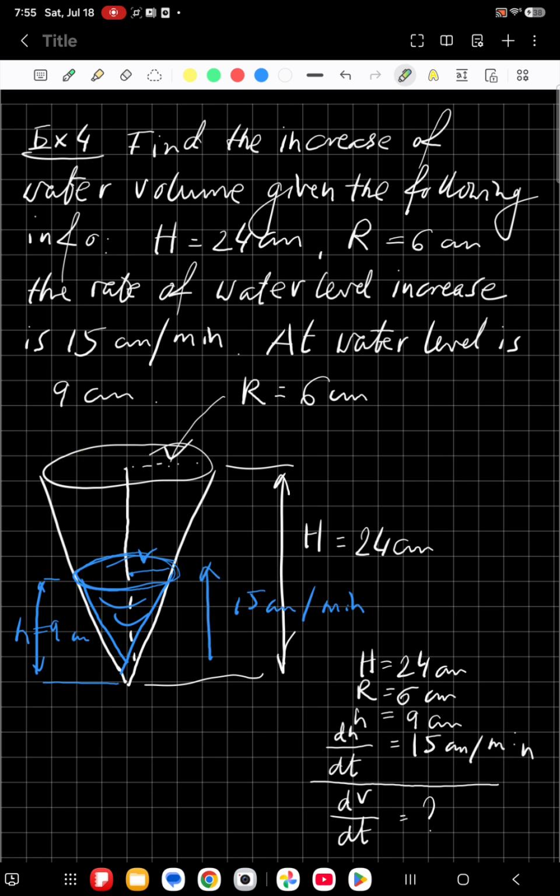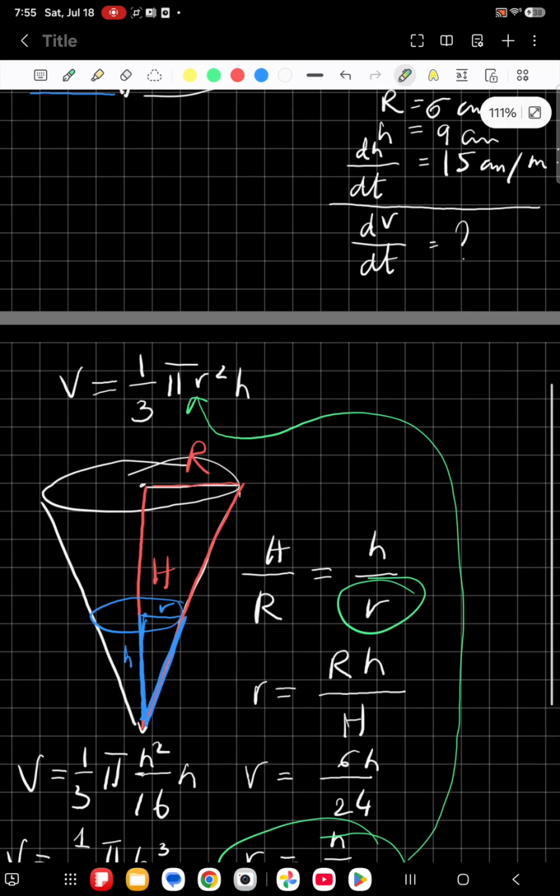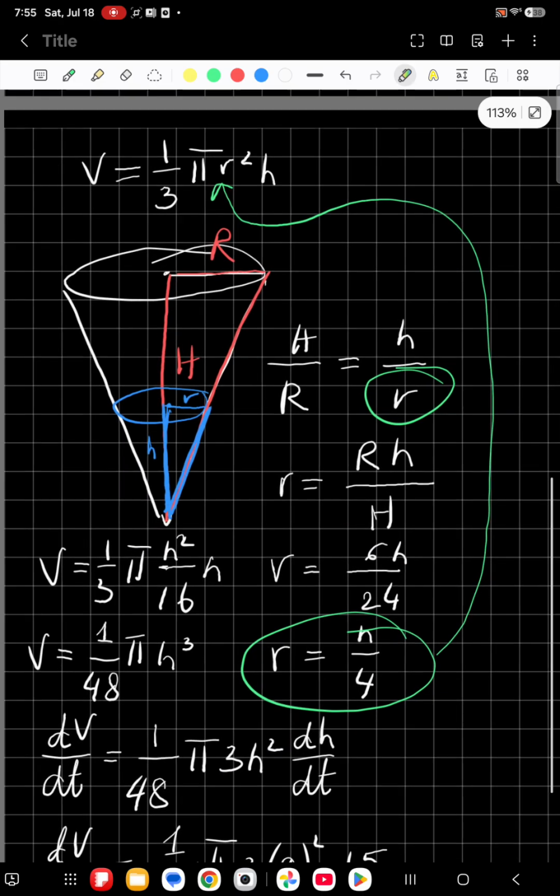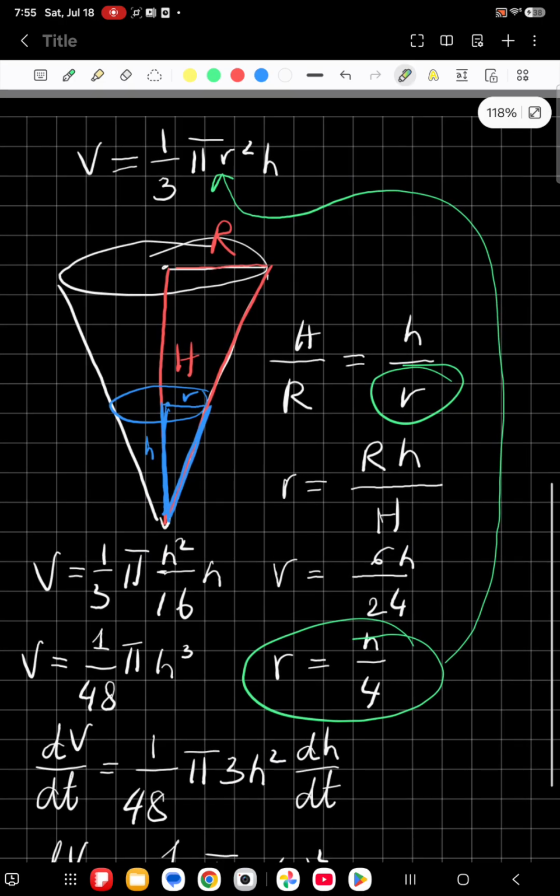Okay, so we have a tank, we have dimensions of the tank, then the water level is rising, and we're supposed to figure out what the increase of volume is. Remember that that increase is changing when water height is 9 centimeters. We came up with the formula that ties all those quantities together.